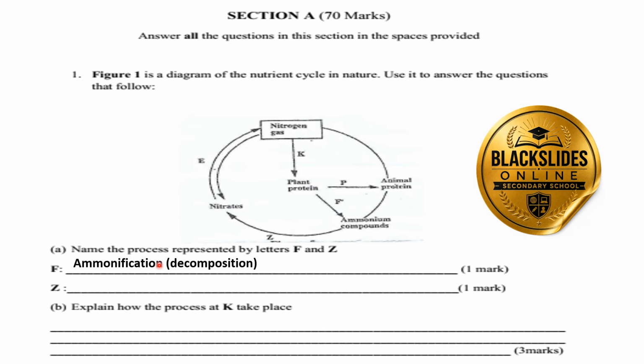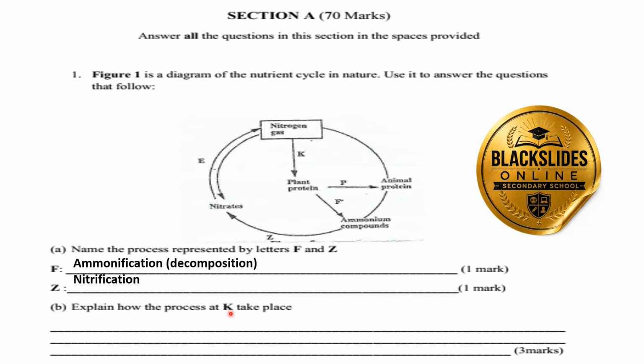You can also say decomposition. While process Z is a process called nitrification, whereby the ammonium compounds are converted into nitrates. So nitrates are the form of nitrogen which plants can absorb.